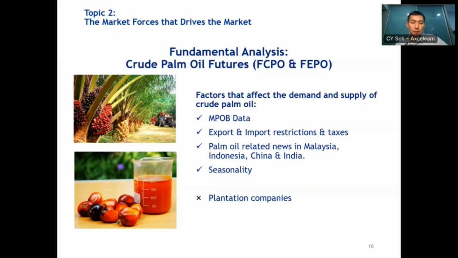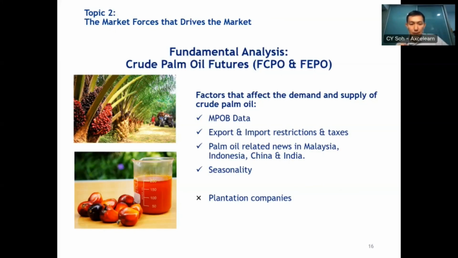And lastly would be seasonality. If you trade FCPO, you don't really need to look at individual plantation companies because you're actually trading a commodity product. It is different from stocks, okay? Looking at individual plantation companies is not so relevant.